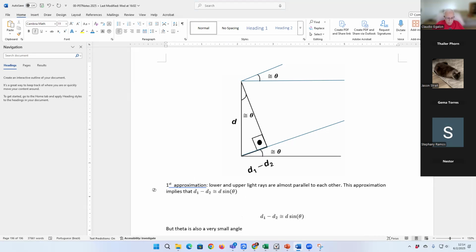What this approximation implies is that theta 1 is approximately equal to theta 2, which is approximately equal to theta. Okay? Theta 1 and theta 2 are the angles here at the lower and upper rays.